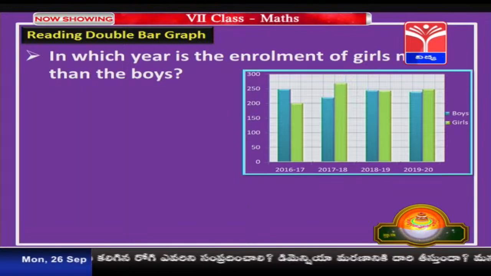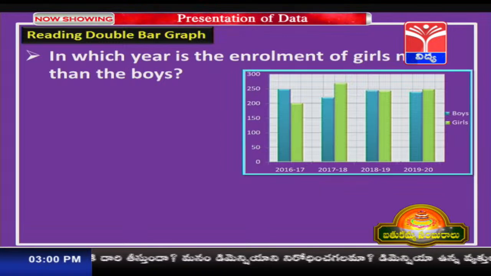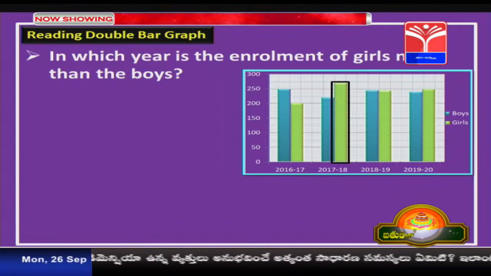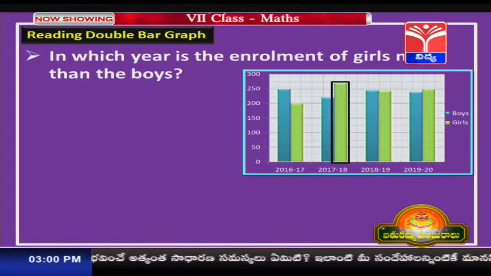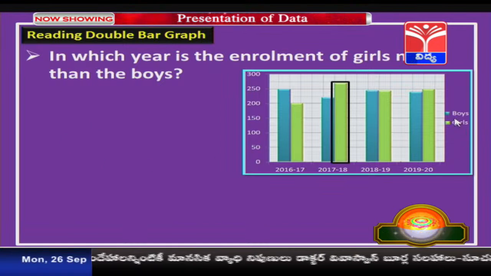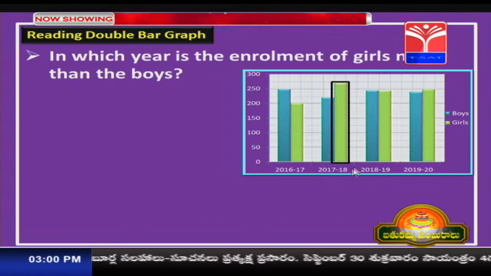So, the first one, enrollment of girls more than boys. So, we will calculate in which year it is more. If you notice this double bar graph, now in this case the girls, green represent girls children. If you notice here from the graph, it is very clear that green represent girls and blue for boys. So, here green, this one is the tallest one, right.